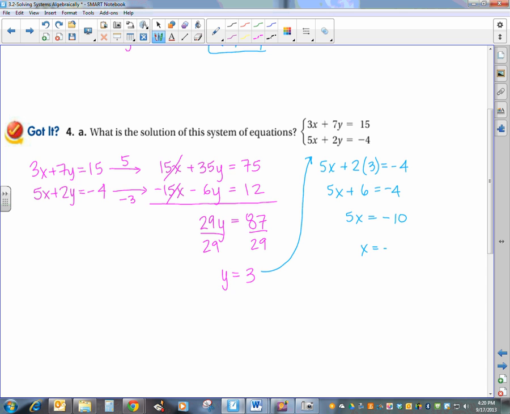And x equals negative 2. So what is the solution of this system? It is an ordered pair of negative 2, comma 3. Now I haven't spent a lot of time on it, but I hope that you can remember, we've talked about this lots of times, that you can always check it by plugging in negative 2, 3 into both equations to see if it works.